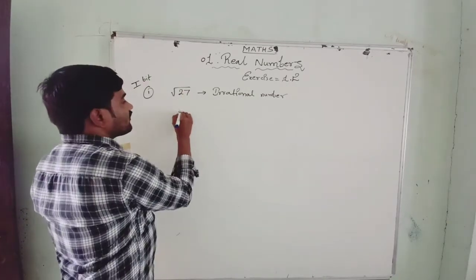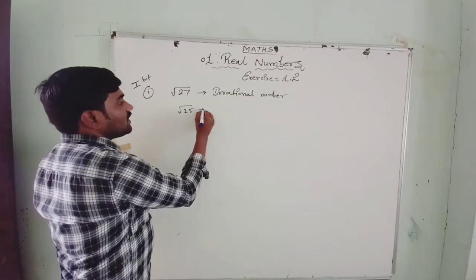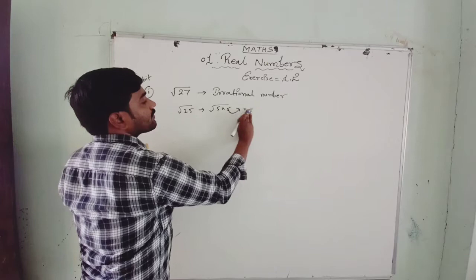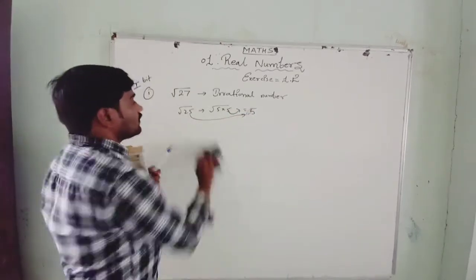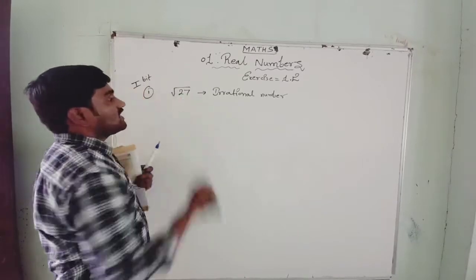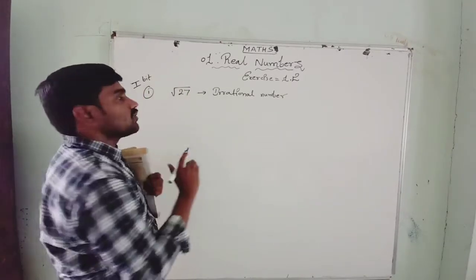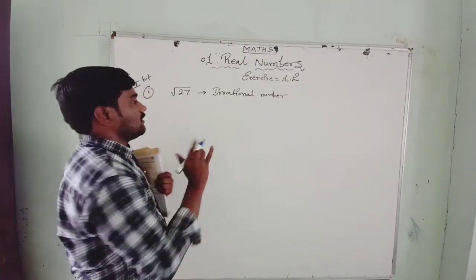The perfect square is under root of 25. Under root of 25 can be written as root 5 into 5, so the answer is 5. But the square root of 27 is not a perfect square, so it is an irrational number.